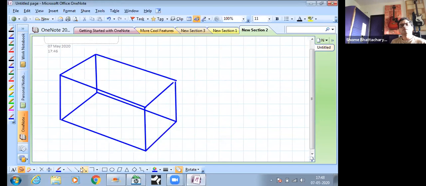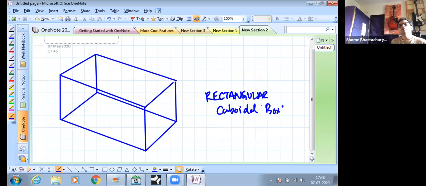This is representing a rectangular cuboidal box with all surfaces mutually perpendicular.